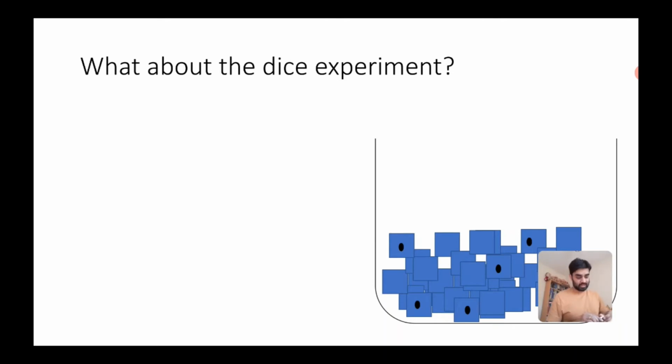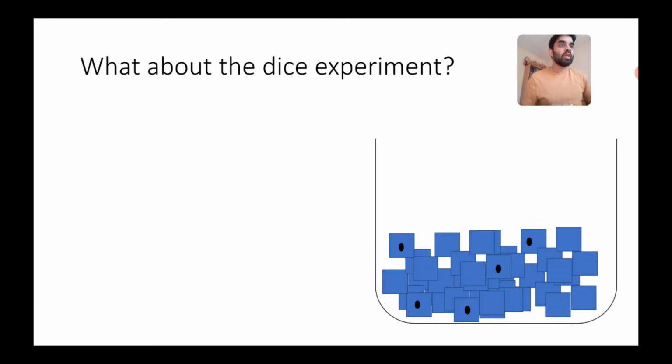So what about the dice experiment? You might have come across the dice experiment before, where students have a beaker full of 100 dice, let's say, with one side marked. If it's made of plastic blocks, and please do make them out of plastic blocks, don't buy 100 dice, because that will cost you a bit. If you get your DT department to cut up 100 plastic blocks and put dots on one side of them, that's just as good.